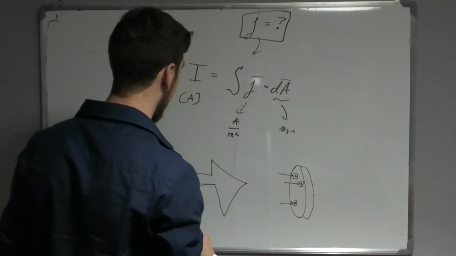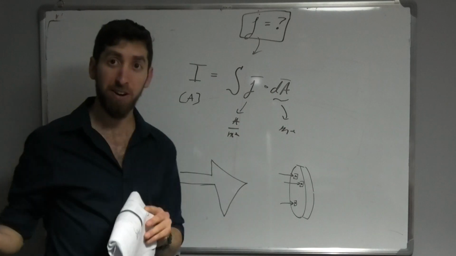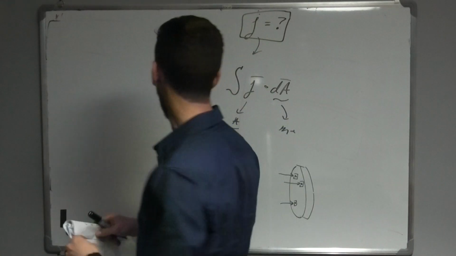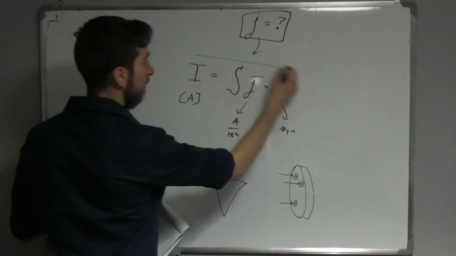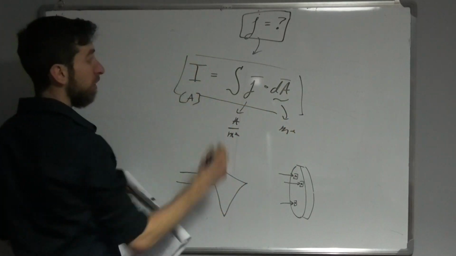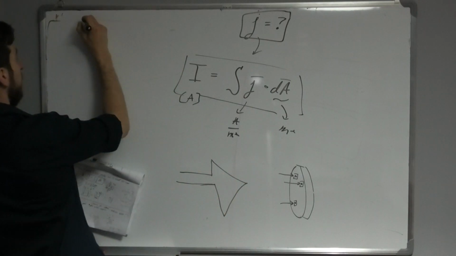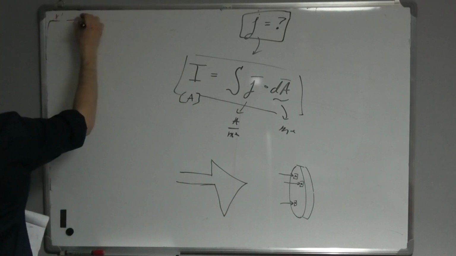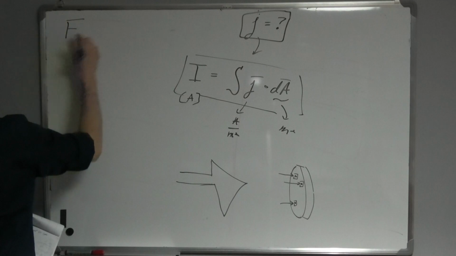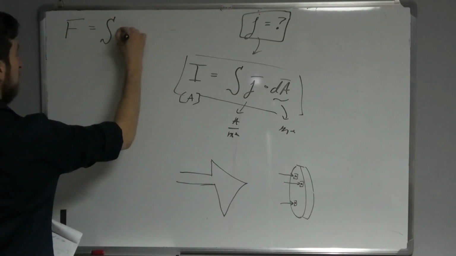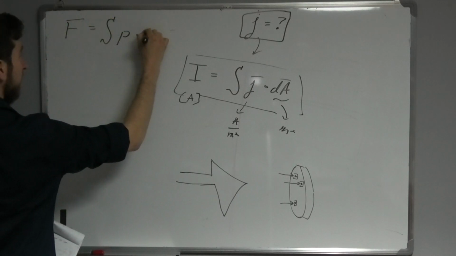So another way to think about that, let's give another analogy, an example from another place that maybe you are familiar with, which is force and pressure. So for force, we know that the formula is actually the integral of the pressure dot dA.